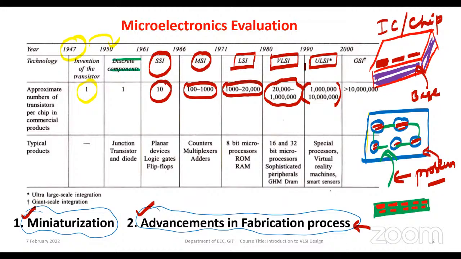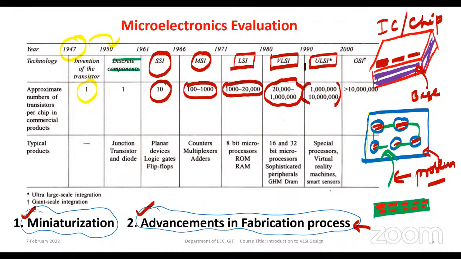Whatever we have theoretically, that means it is possible to reduce the length of the transistor, the size of the device, theoretically. But the same thing needs to be fabricated in reality with the help of fabrication process technique.